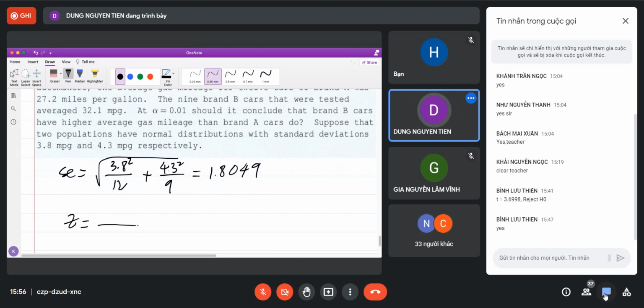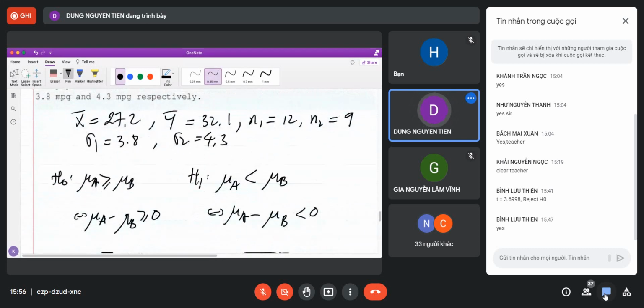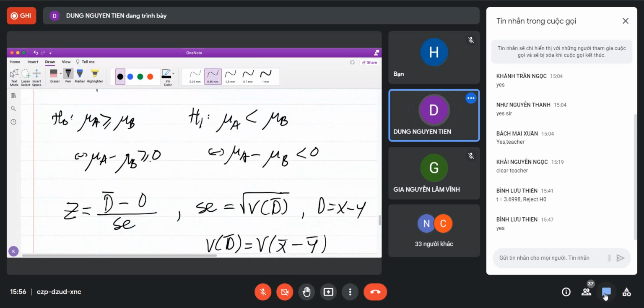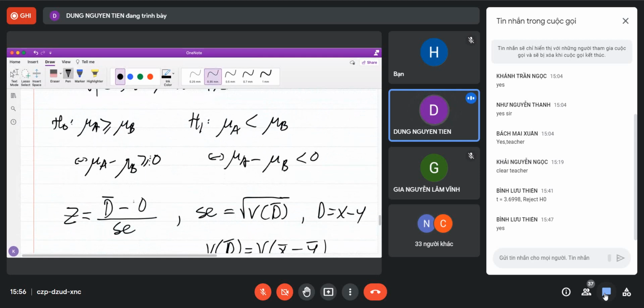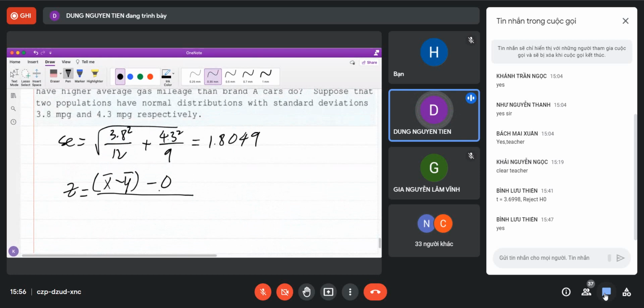The z value is simply x bar minus y bar minus the right hand side 0. If the right hand side is not 0, then you need to update the information here. If it is 10, then it should be 10 here. Now you have 0, and the standard error is 1.8049.